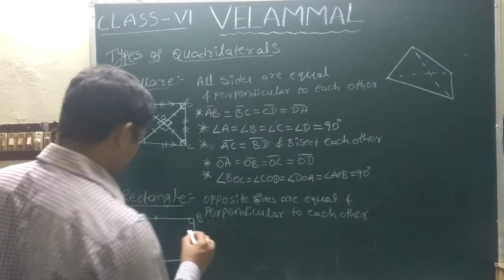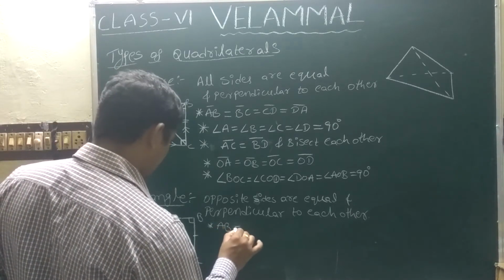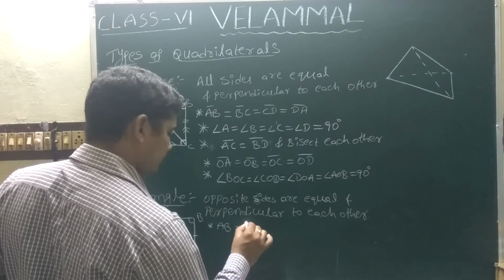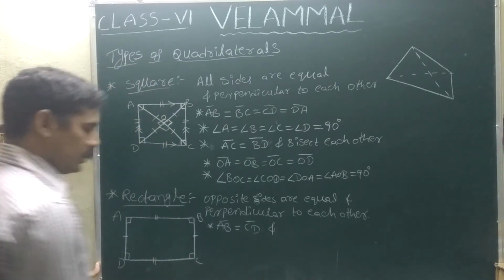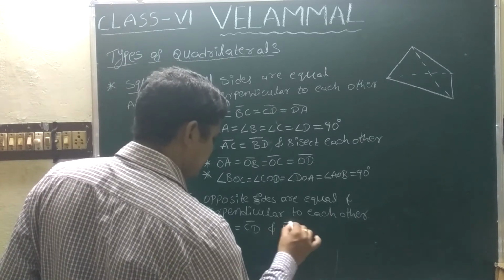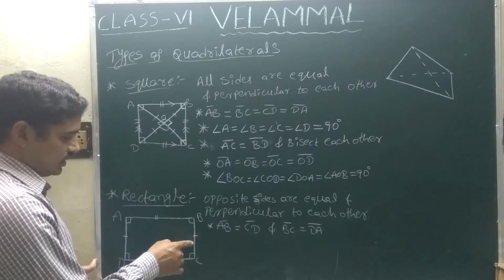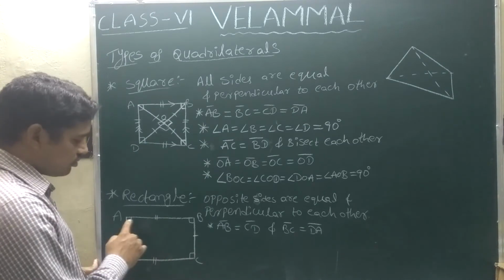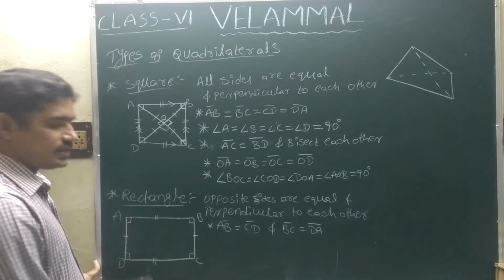So what we can say, AB is equal to CD. AB line segment is equal to CD, and BC line segment is equal to DA line segment. See, opposite sides only equal. To the AB, CD is the opposite, and to the BC, AD is the opposite.